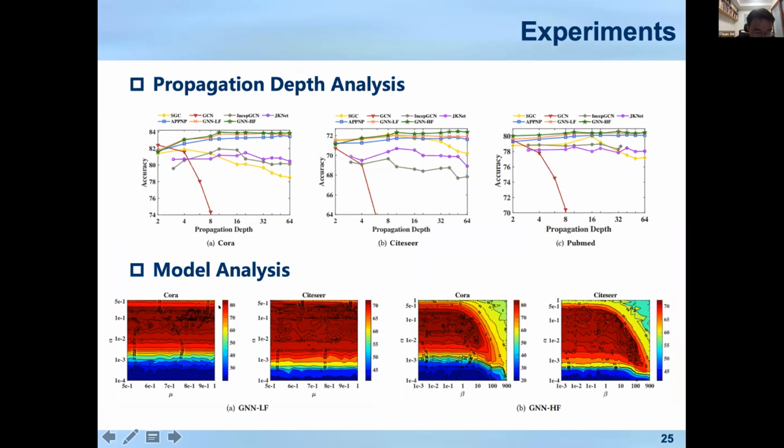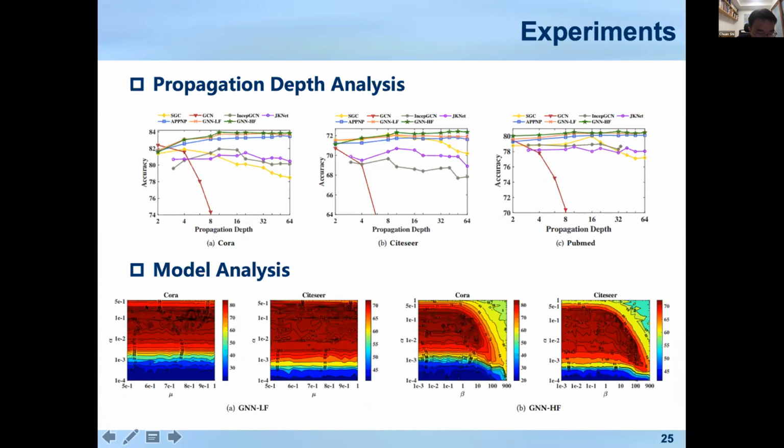It shows the performance. The more red, the more accurate. We can find that when we change alpha and mu, we can see the performance.